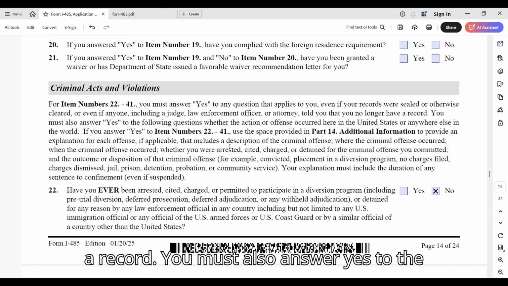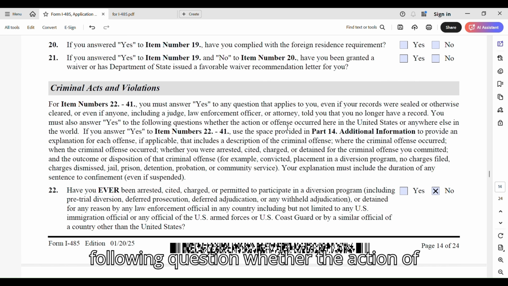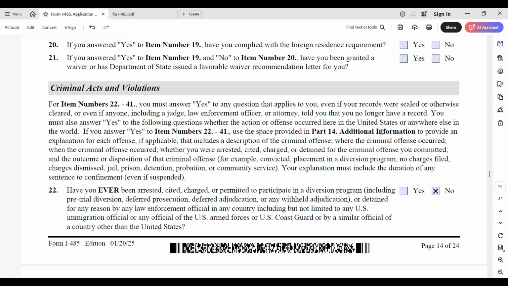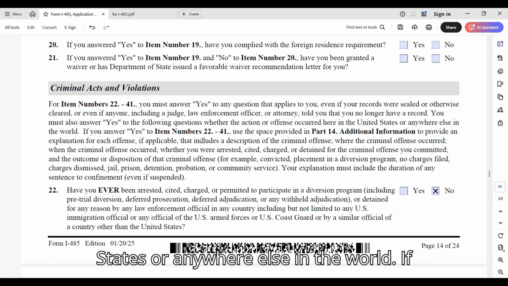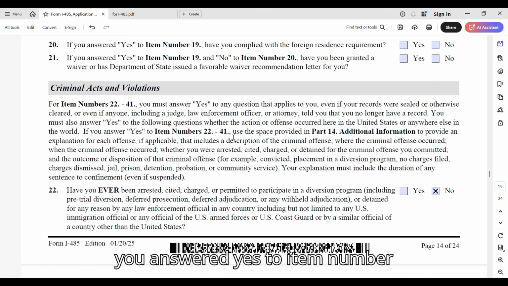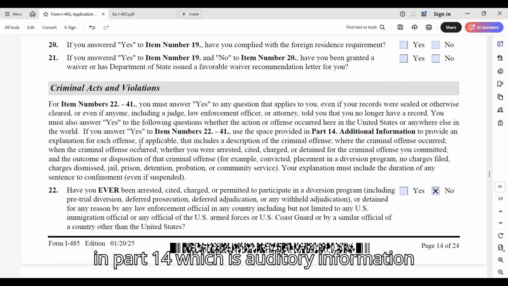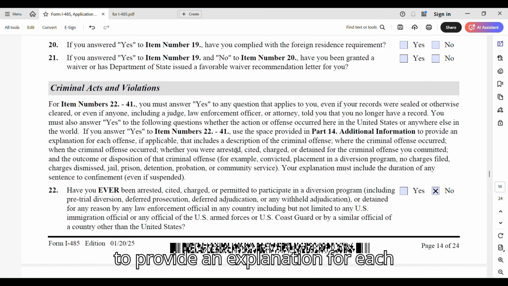You must also answer yes whether the action or offense occurred here in the United States or anywhere else in the world. If you answered yes to items 22 to 41, use the space provided in part 14, which is additional information, to provide an explanation for each offense.